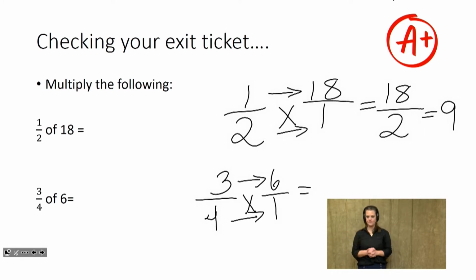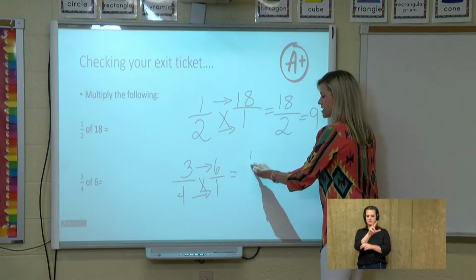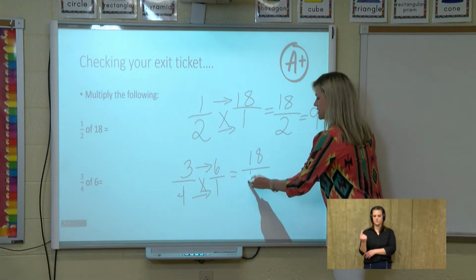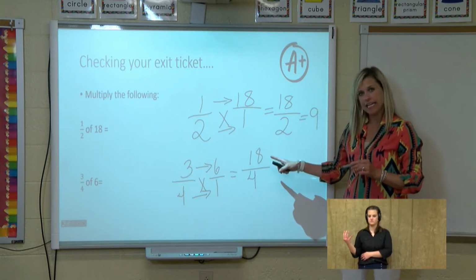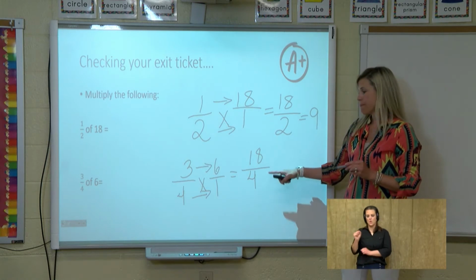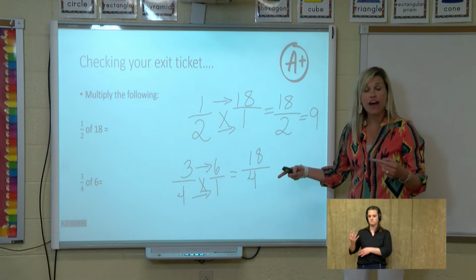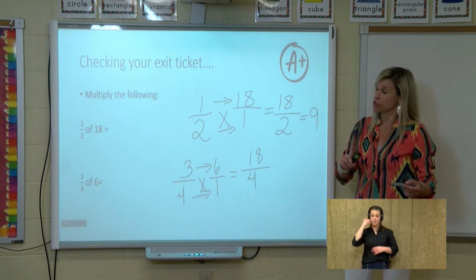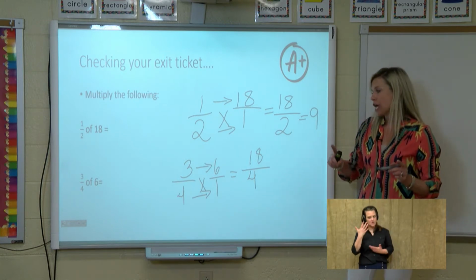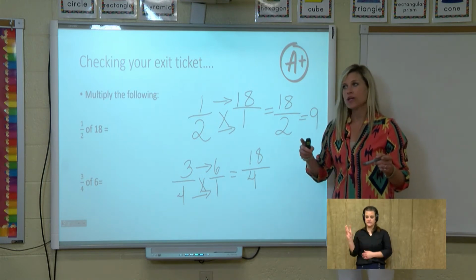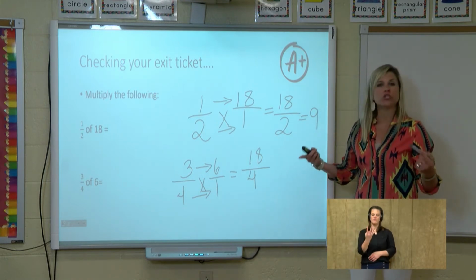So we're going to use our standard multiplication. We're going to say the numerator times the numerator. 3 times 6 is 18, and then 4 times 1 is 4. 18/4, or 18 divided by 4. Now, if I know my multiplication facts, which you should in fifth grade, I know that 4 times 4 is 16, and I also know that 4 times 5 is 20.